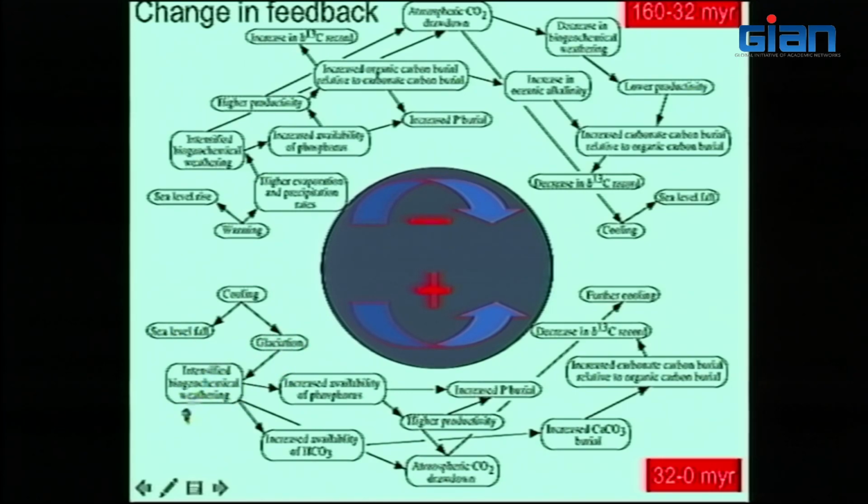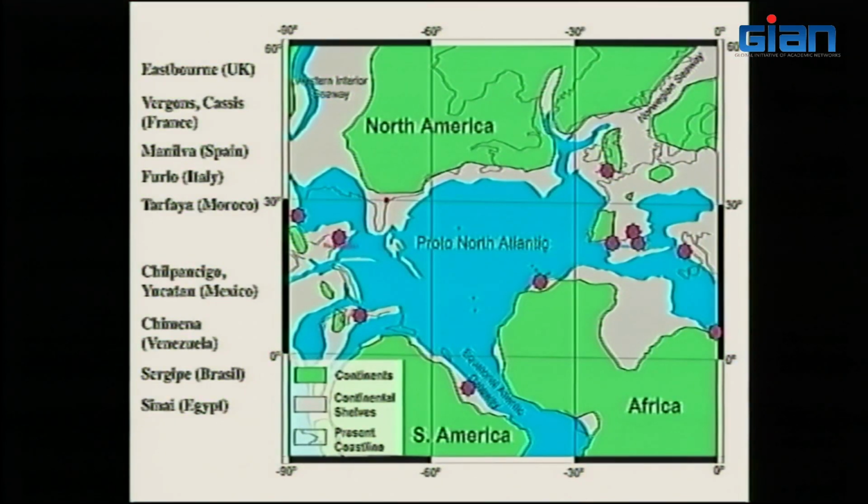So you will intensify biochemical weathering, you will increase the availability of phosphorus, and after you will increase the phosphorus burial, and you will increase the drawdown of CO2. And this increased drawdown of CO2 will lead to a further cooling. So in fact you accelerate this process. And this is the way Karl Fulmy was explaining it. We'll go back, sorry.